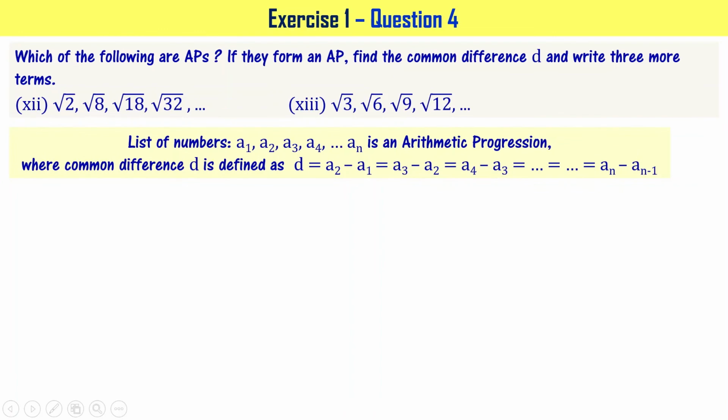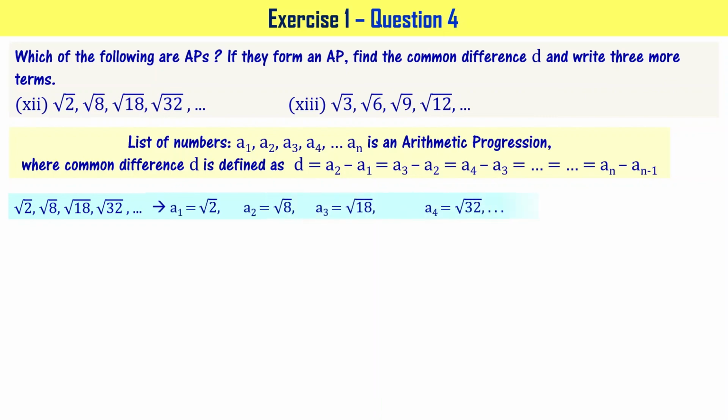The next list of numbers is root 2, root 8, root 18, root 32, and so on. When you look at this, you can say a1 equal to root 2, a2 equal to root 8, a3 equal to root 18, and a4 equal to root 32, right? Now let me find the difference between a2 and a1. That is going to be root 8 minus root 2.